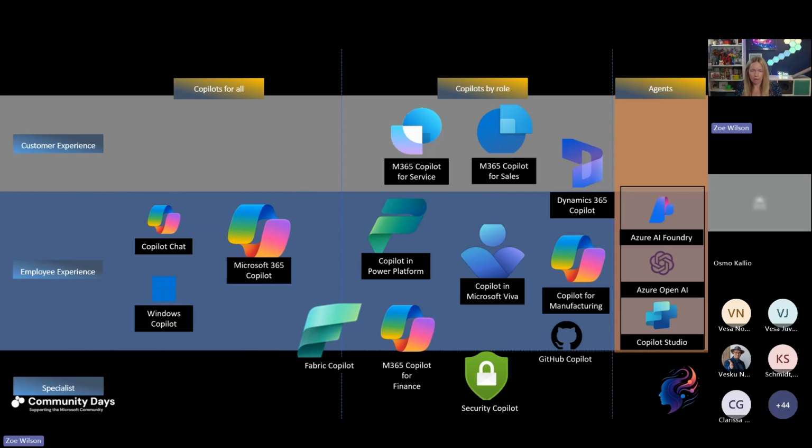And obviously there are the out-of-the-box Copilots, but when it comes to Copilot plus agents, Microsoft have also released, as you heard Vesta say on the previous session, many different ways that you can build agents, with everything from Copilot Studio Lite, which was Agent Builder and has been rebranded recently, the low-code version with Copilot Studio, up to things like Azure AI Foundry and the Microsoft 365 AI Toolkit for those pro-code agent building scenarios.